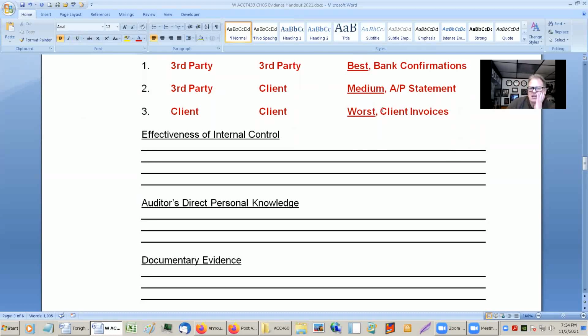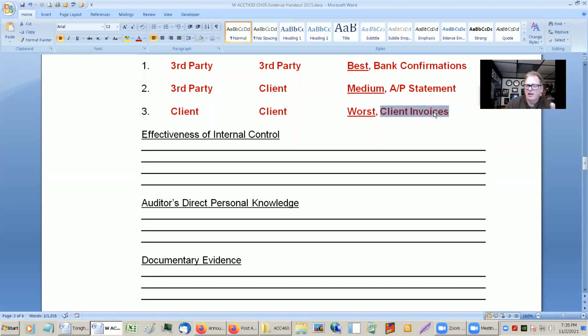Now, it is possible, though, to try to move things up. For instance, client invoices, those would be like accounts receivable. We can actually do confirmations on accounts receivable. We review the accounts receivable chapter next, and we'll see how you do that. So you can try to move some of these things up. Just looking at the client invoice, you go, okay, this is not very good evidence, but we can possibly turn it into good evidence by taking the client invoices and sending letters to their customers, saying, is this a valid invoice, basically?